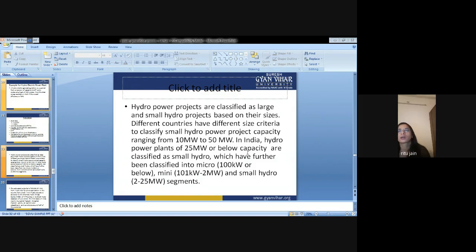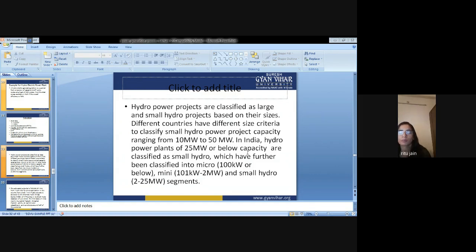If the hydropower plant is generating electricity from 101 kilowatt to 2 megawatt, then that hydropower plant comes into the category of mini hydropower plant.